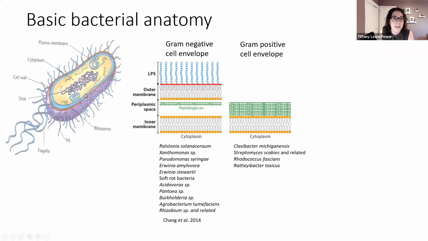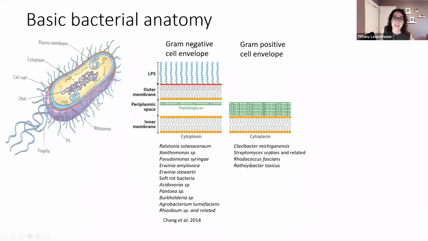So bacteria, it's always good to start with bacterial anatomy. Bacteria are single-celled organisms. They have DNA that's outside of a nucleus, so it's wrapped in histone-like proteins, but not histones, just free in the cytoplasm. The different bacteria clades have different structures on their cell envelope.